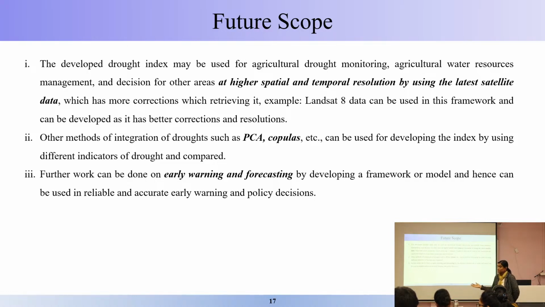Rainfall-based droughts are very easy because rainfall is available. You just have to downscale and correct it to the local scale. The other ones you may have to do some indirect analysis.